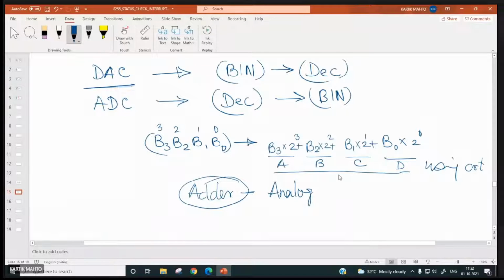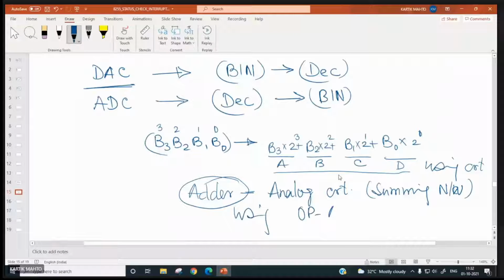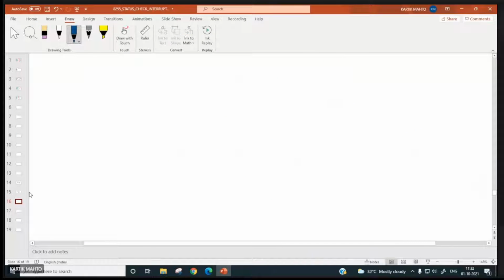Adder in analog circuit, or you people must have studied summing network using op-amp, you all must have experienced. Correct or not? Yes, sir. Or even with passive network also you can do that.